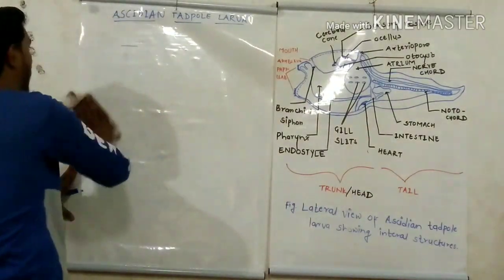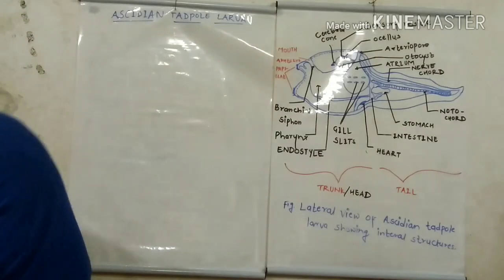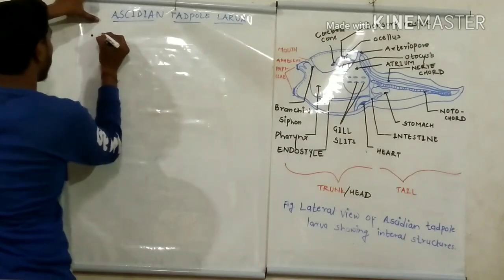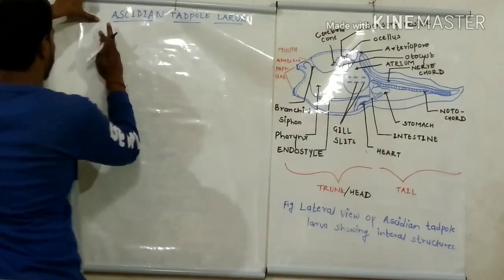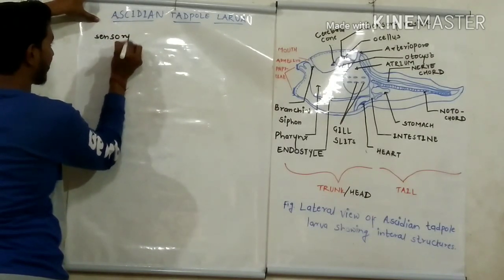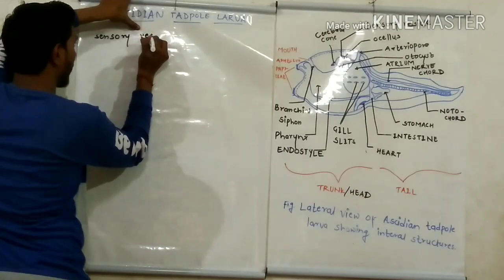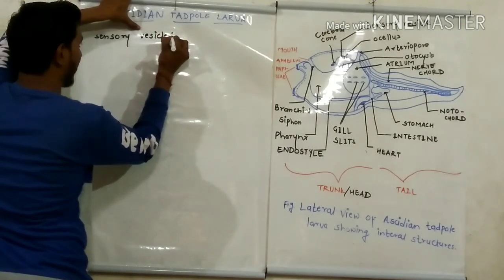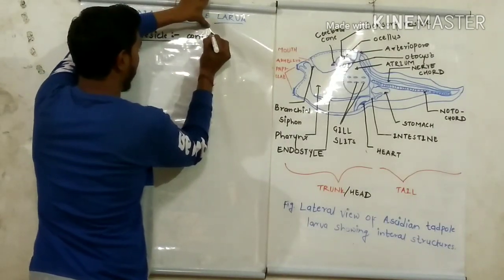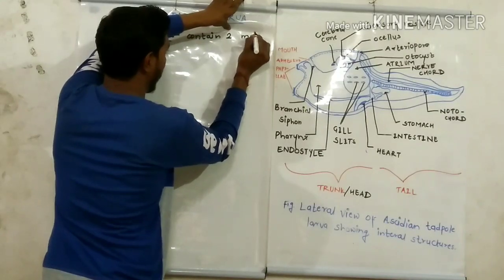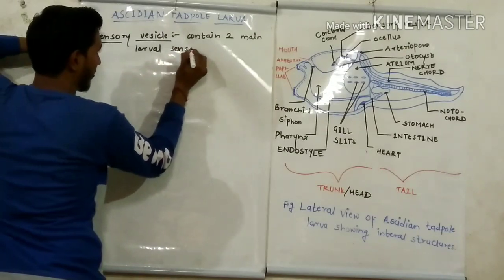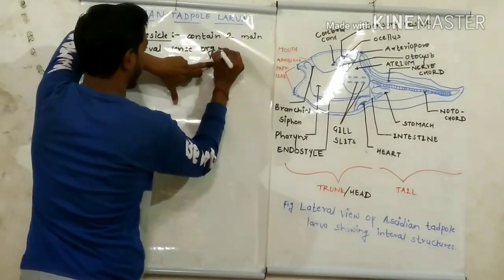The sensory vesicle contains two main larval sense organs.